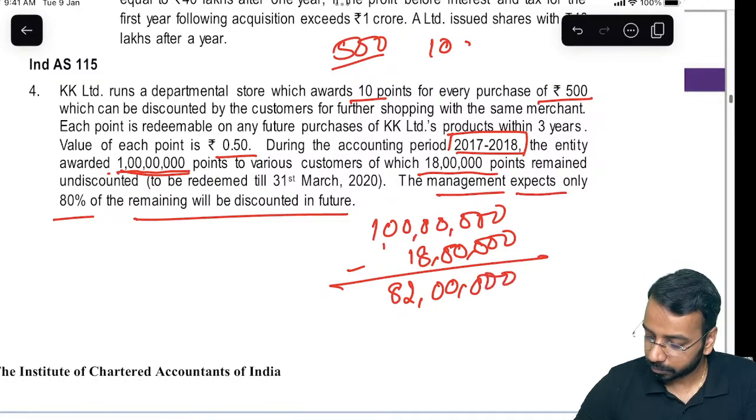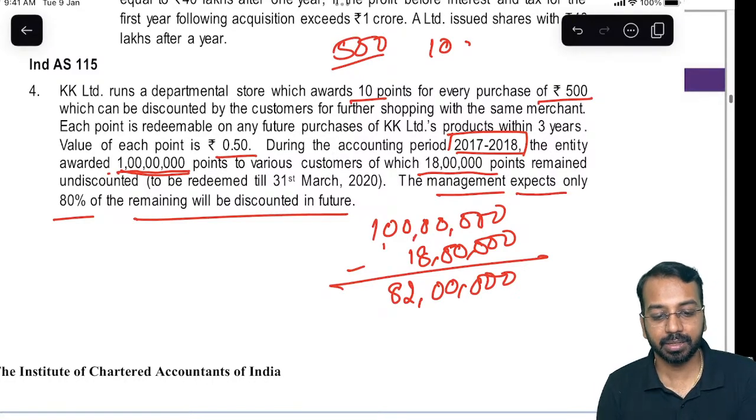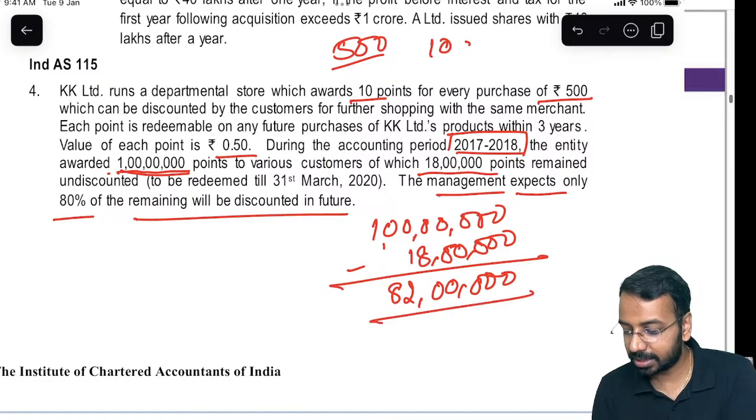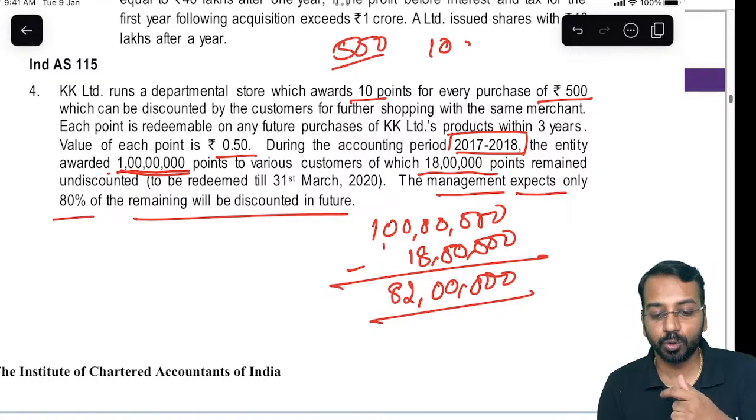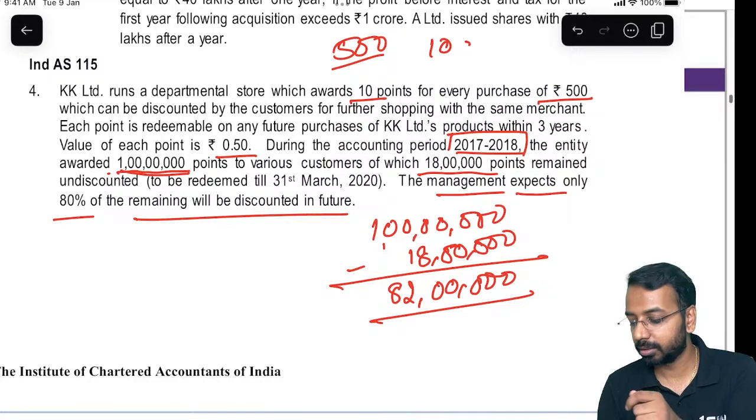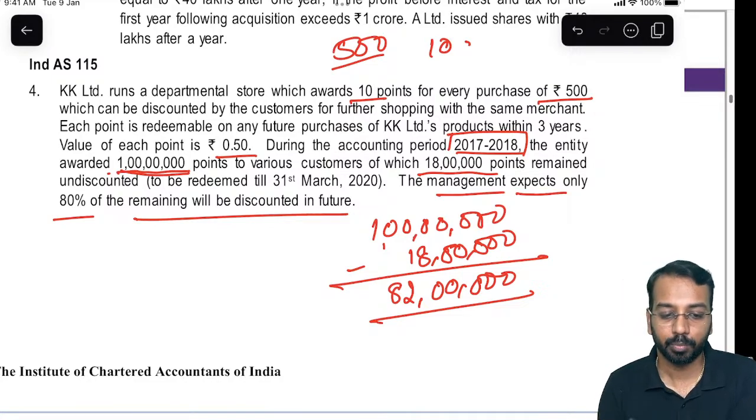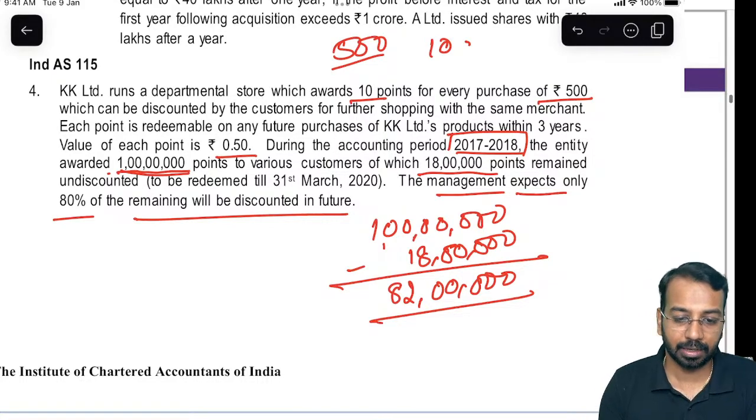Now, 82 lakhs points will be used as discount when the customer purchases the product. Okay, so far is the calculation clear?